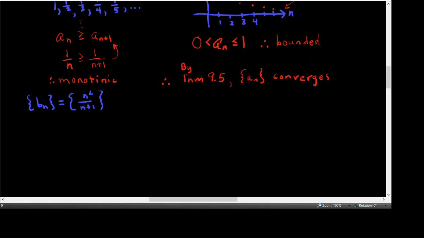So if we were to write a few terms of that, let's see, 1 would give me 1/2, 2 would give me 4/3, 3 would give me 9/4, 4 would give me 16/5, etc.